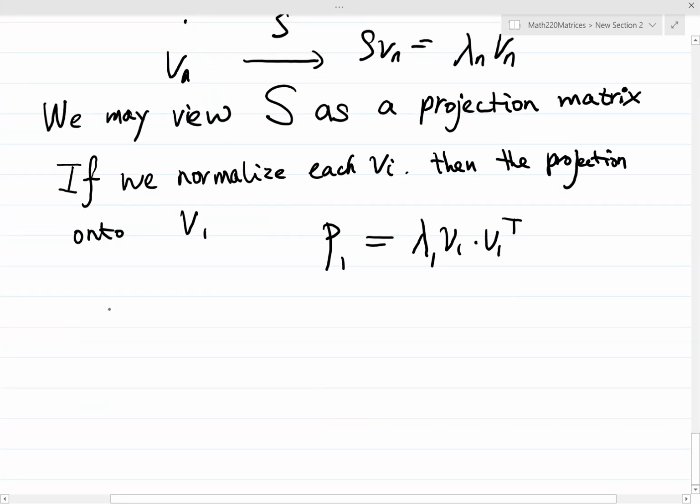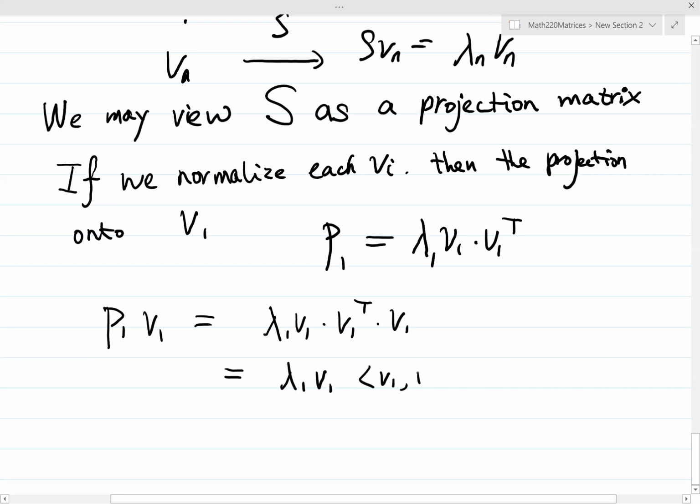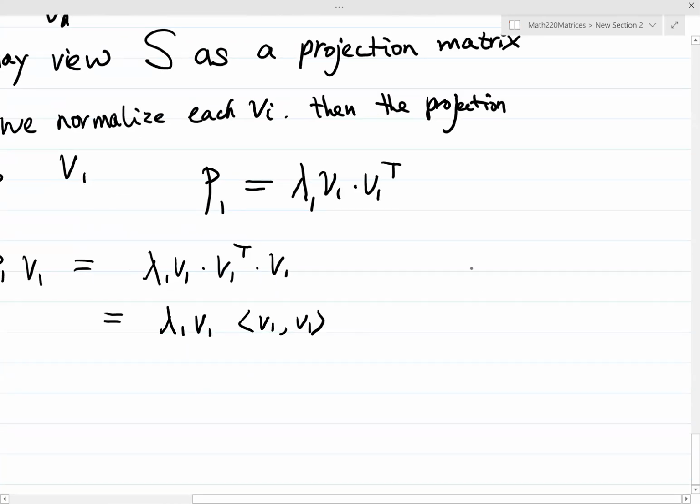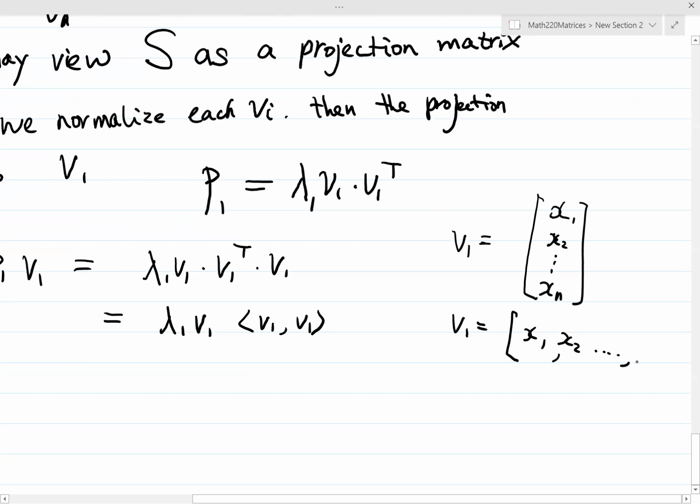Now you see P1 V1 will be lambda 1 V1 times V1 transpose V1. V1 transpose times V1 is actually V1 dot product with itself. If you write V1 as x1, x2, xn, then V1 transpose is the row vector x1, x2, xn.